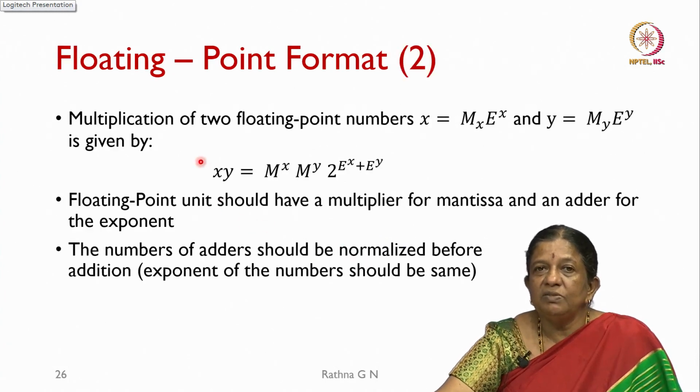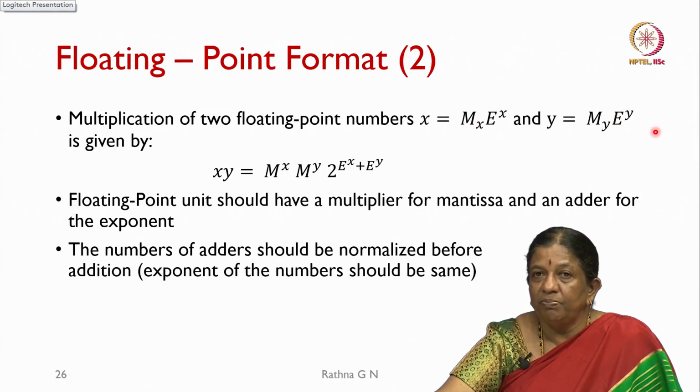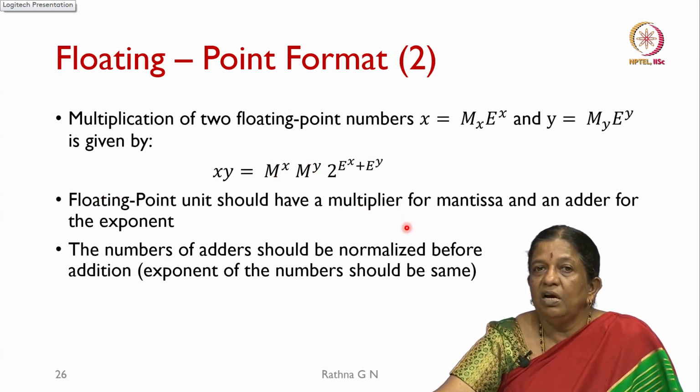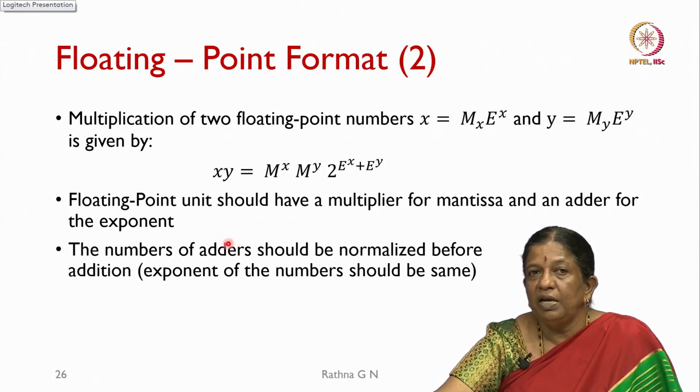In this case, when I do the multiplication of two floating point numbers, x is mx into e power x and y is given by my into e power y. We multiply the mantissas and add the exponents to get the result xy. So, the floating point unit should have a multiplier for the mantissa and an adder for the exponent.